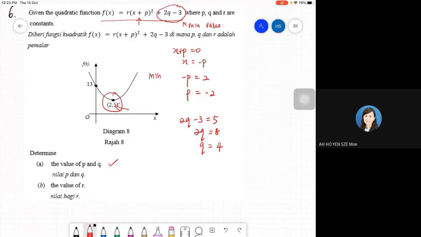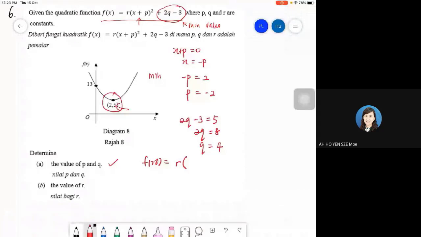Agak-agaknya macam mana dapat R. Dah dapat P, dah dapat Q, ganti masuk dalam persamaan lah. So you tulis balik Fx. R tu tak tahu, tulis balik. X tambah P, kuasa 2. Itu berapa? Sebenarnya ada dua cara. Either you ganti the P and Q inside, then you get the answer.